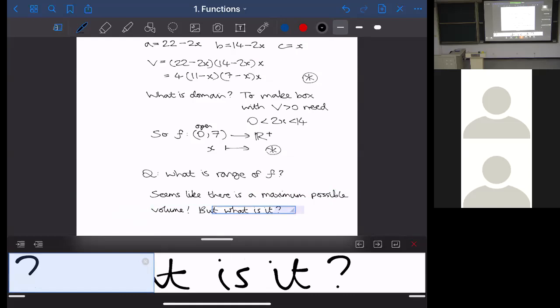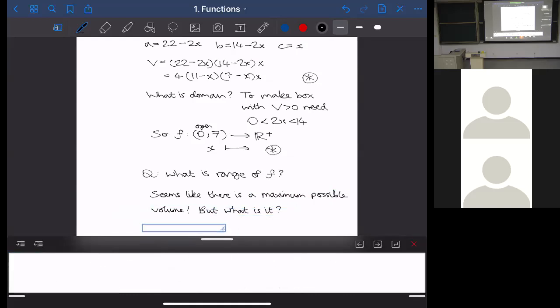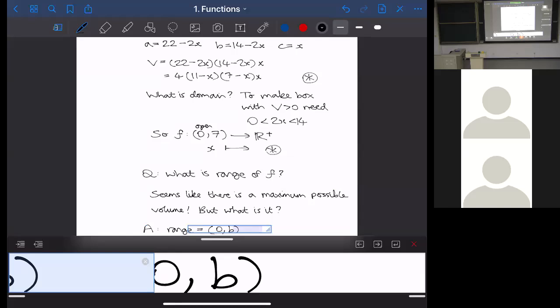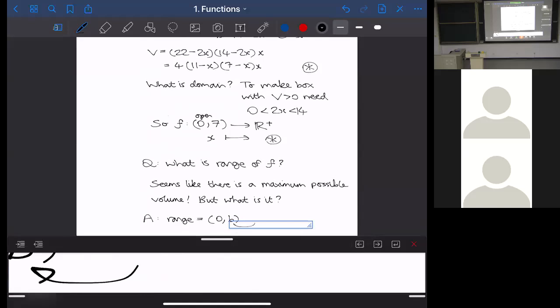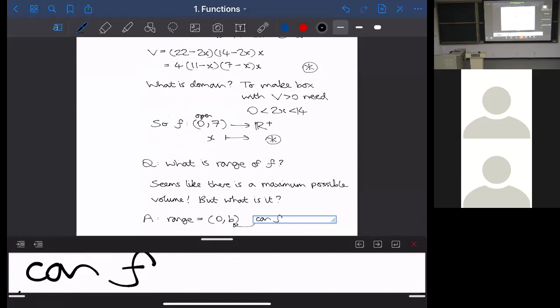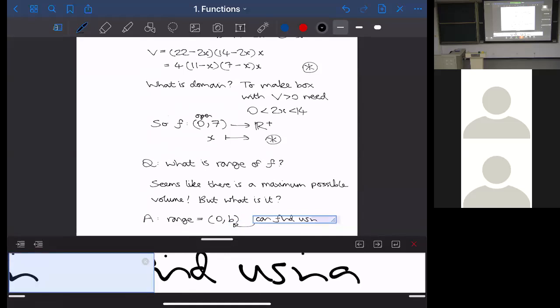But what is it? So answer, the range is some open interval 0 to b, and we can find this later.